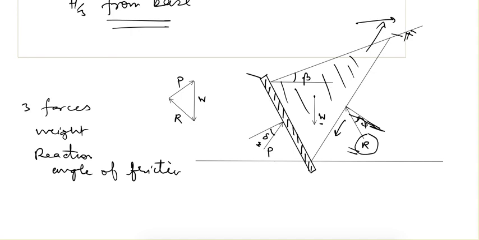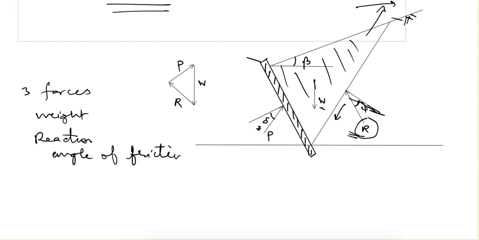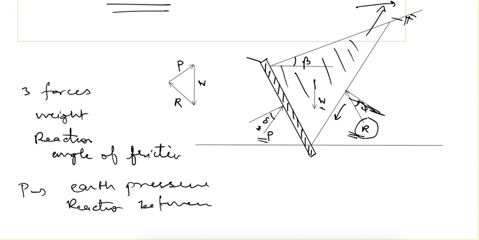So we know the direction of R, and we know the direction and magnitude of the weight, and the third force P will be our earth's pressure. What is this? It is a reaction between wall material and soil.